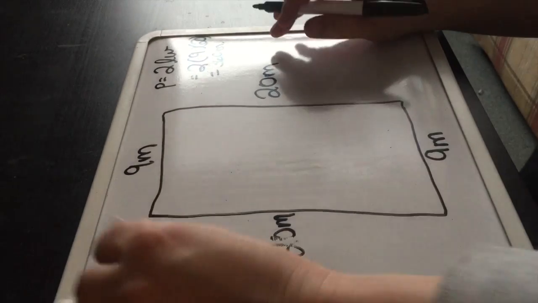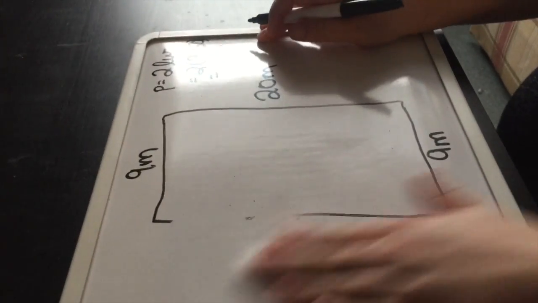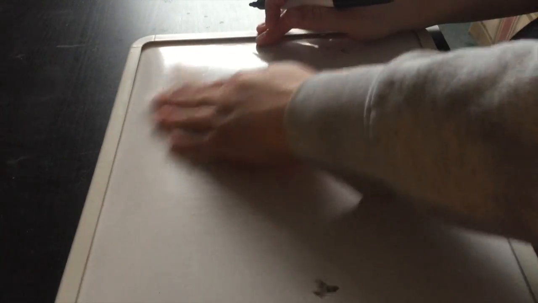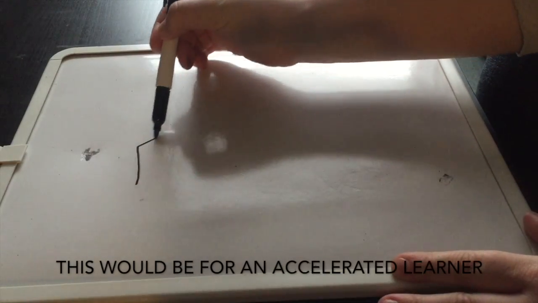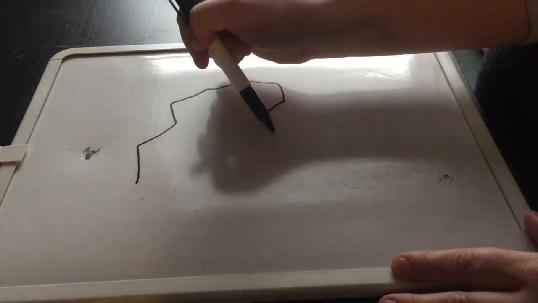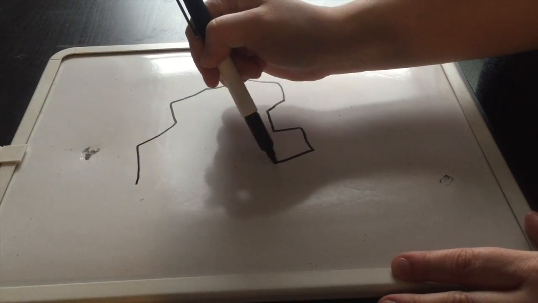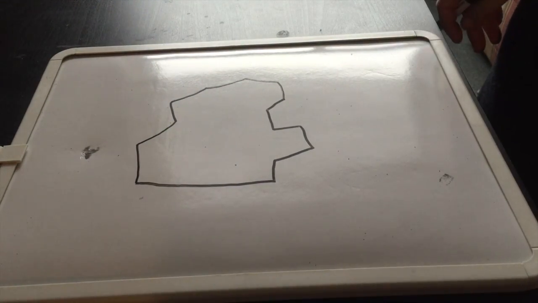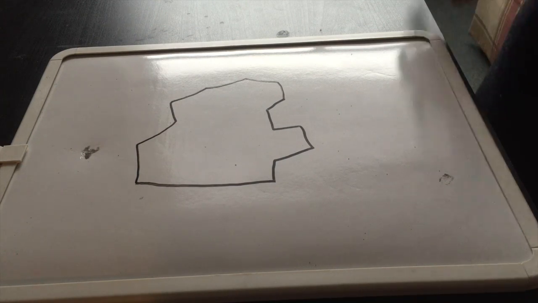You can do this with pretty well any shape. The second grade curriculum wants you to use common shapes and normal shapes. You're going to start seeing shapes that are crazy. For a perimeter, it would be very easy to find this.